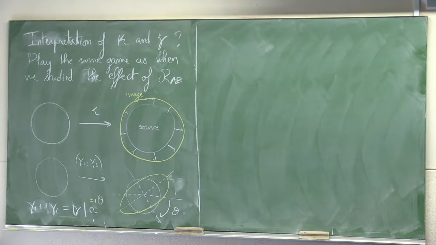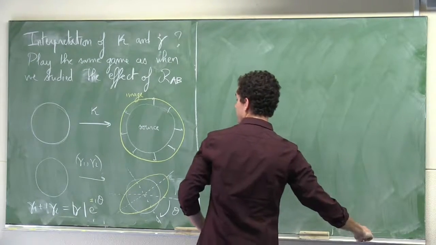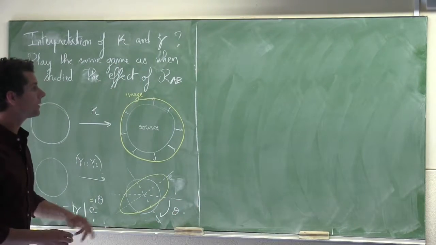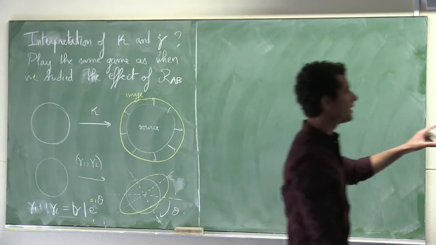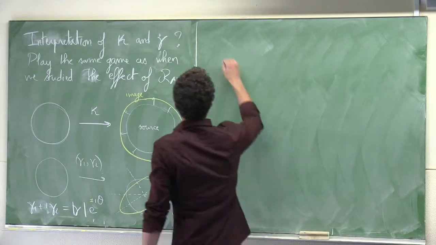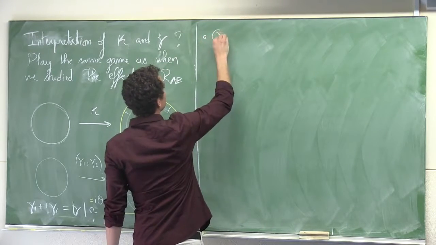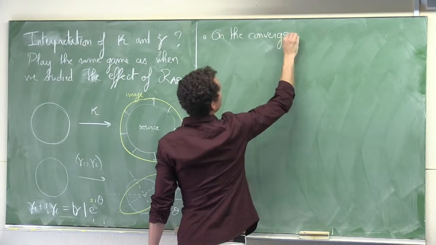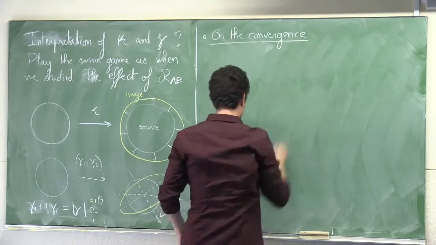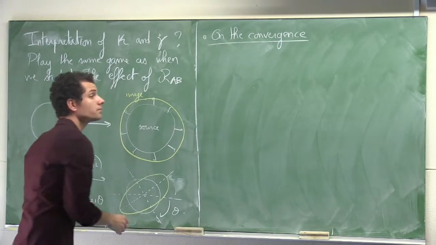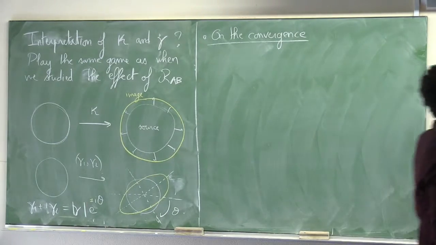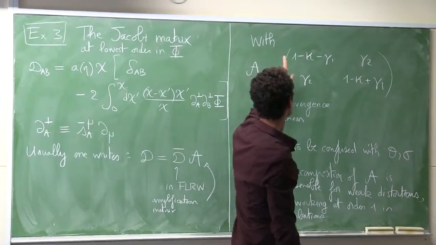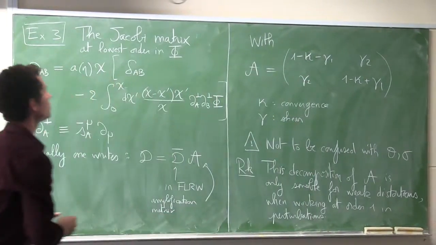Now, what I want to talk about is this. I would like to discuss slightly more the expression of the convergence. If you take the trace of this matrix, you get 2 minus 2 kappa.